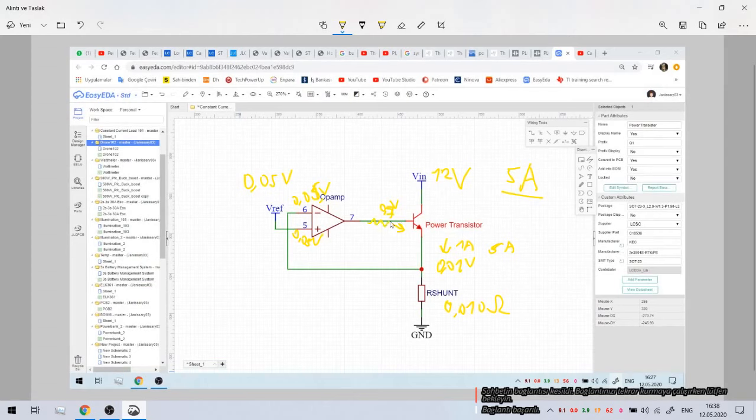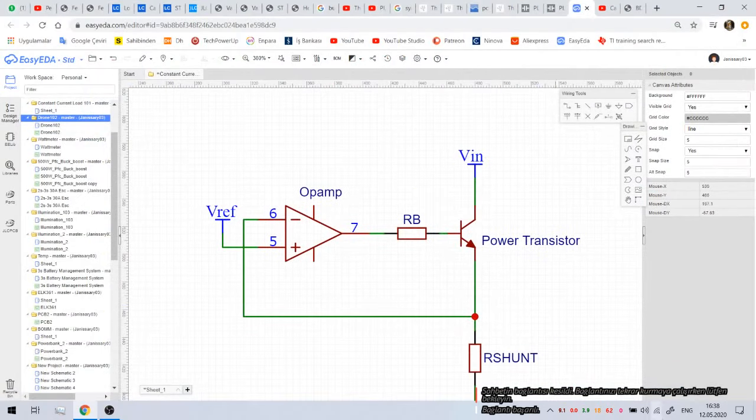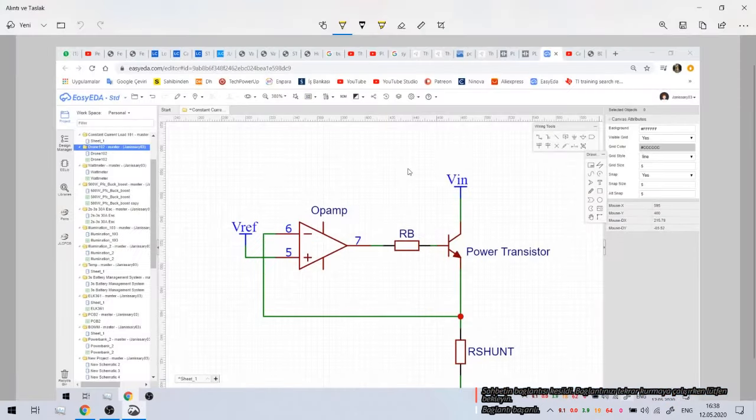If there is a resistor, and we have hFE of 1000, on the BDX53C the gain is 1000 because it is a Darlington transistor.